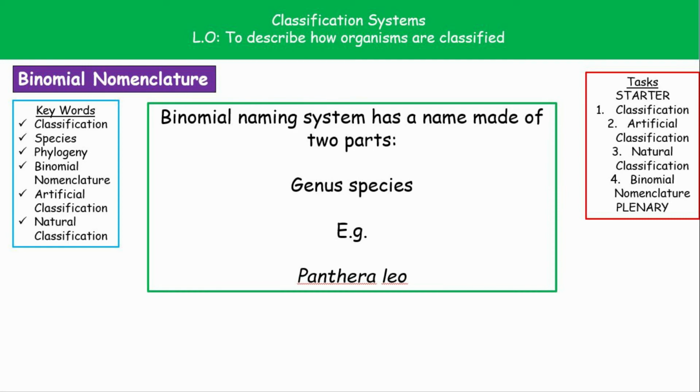Another example is Panthera leo. Panthera is the genus, the species is leo. One of the things they can ask you to do is write down the genus or the species when they've given you this binomial name. As long as you know the genus is the first word and the species is the second, you'll be able to answer that correctly each time.